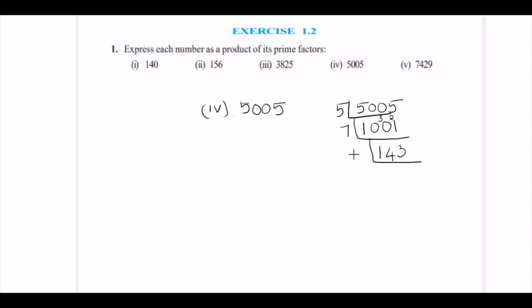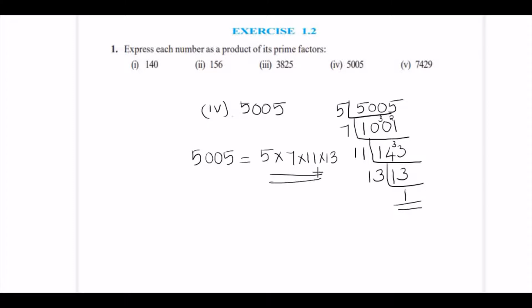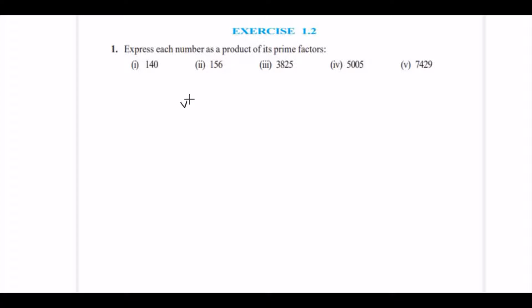Check the prime number 11. 11 goes once, giving 13. So the next prime number is 13. So 5005 is a composite number that can be expressed as the product of its primes. It is 5 into 7 into 11 into 13.